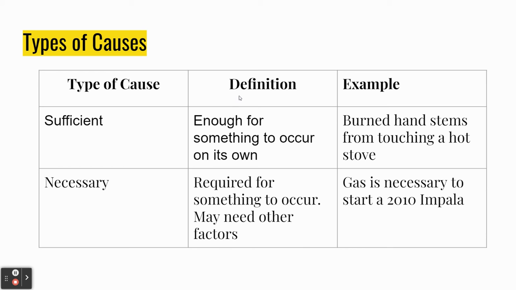Gas is necessary for my 2010 Impala to start. However, if there's no battery, that full gas tank doesn't mean anything. And likewise, if I have a fully charged battery but an empty gas tank, it's not going to work. And neither of those are sufficient without good spark plugs. Okay, I can't start my car without any of those, but each of those is necessary. They are not sufficient, but they are necessary.